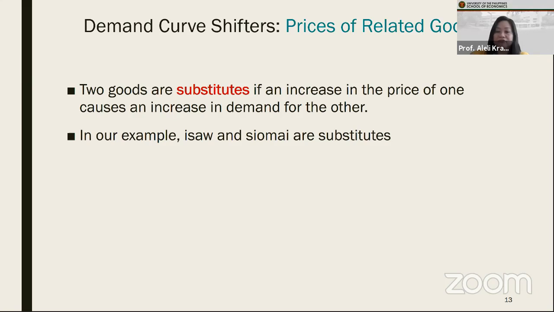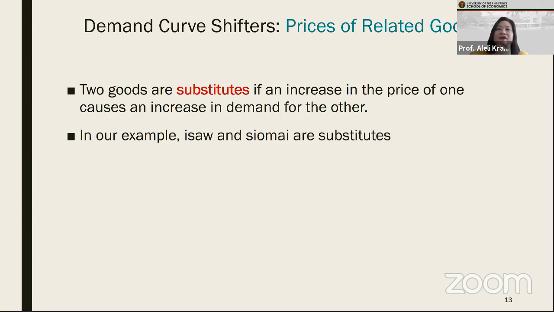If we're thinking of a quick snack for students, then the substitute good for shawmai can be isaw. So when isaw becomes more expensive, then students will consume less of isaw and instead consume more of shawmai at the same price of shawmai.